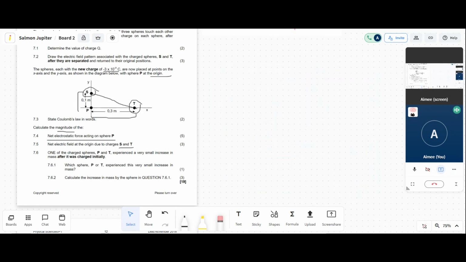Now we have a look at 7.6. One of the charged spheres, P and T, experienced a very small increase in mass after it was charged initially. Okay? Which sphere, P or T, experienced this very small increase in mass?